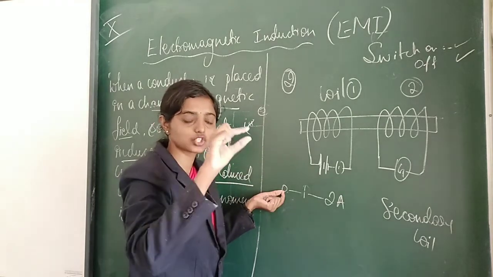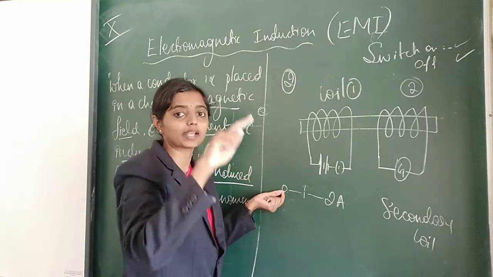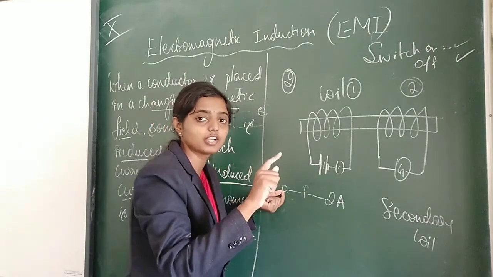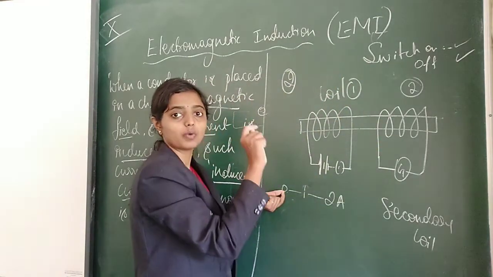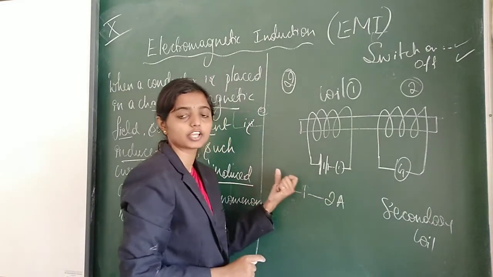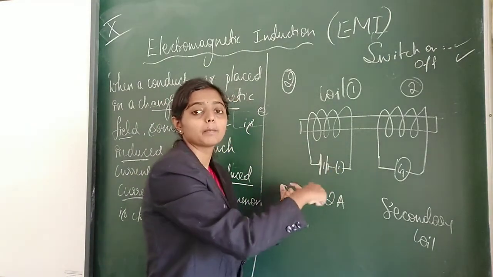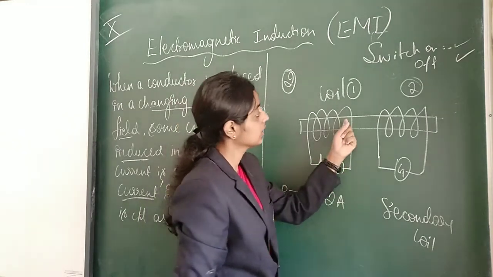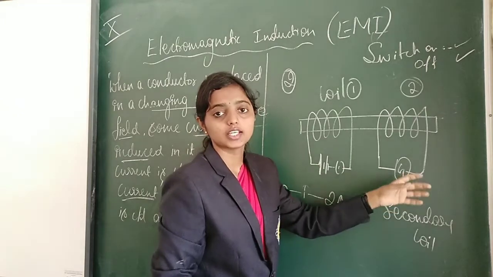That means the magnet should be in motion, and at that time we will get changing magnetic field lines. If the magnetic field lines are stationary, we won't get any deflection, which we studied in activity 1. So when we go from 0 to 2, we get a number of different magnetic field lines, and hence they link with this coil, and we get deflection in the galvanometer.